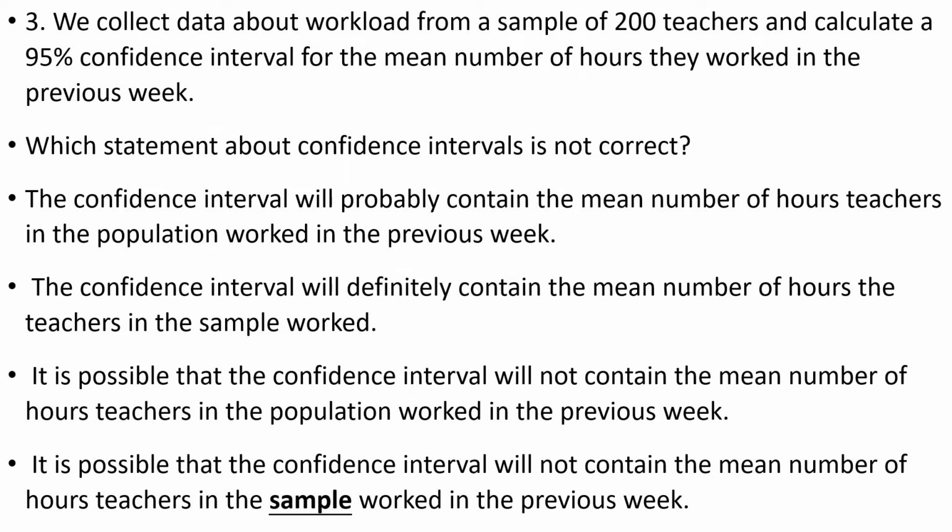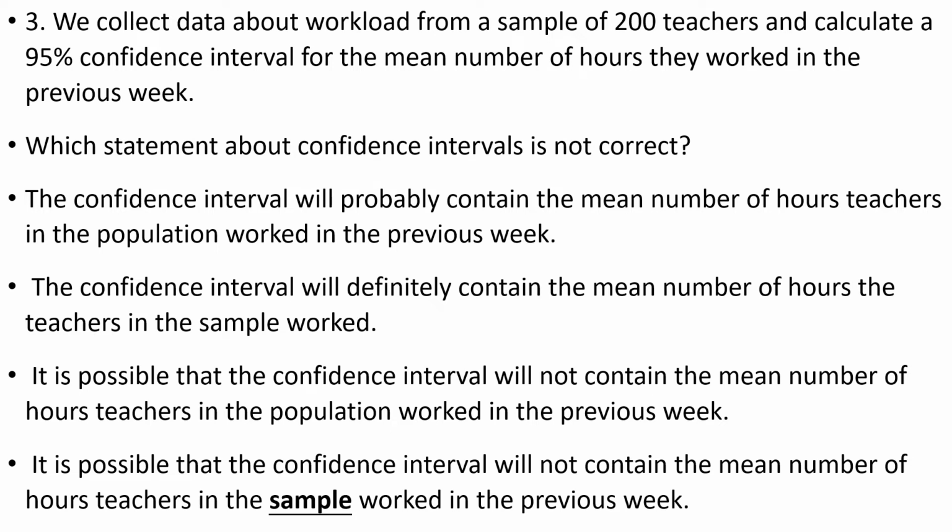The confidence interval will definitely contain the mean number of hours the teachers in the sample worked. It is possible that the confidence interval will not contain the mean number of hours teachers in the population worked in the previous week. It is possible that the confidence interval will not contain the mean number of hours teachers in the sample worked in the previous week. Choose the correct one.